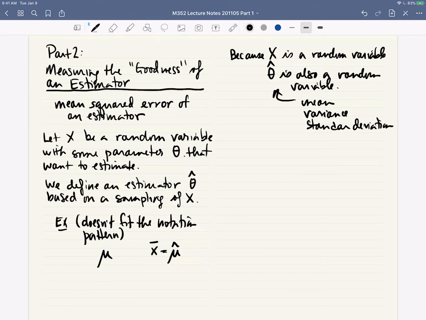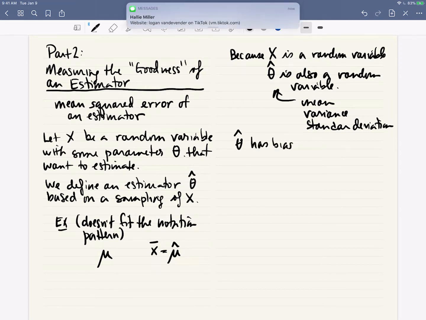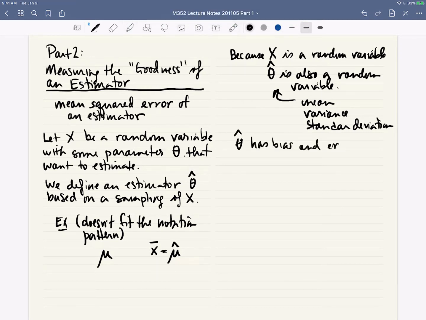So we can use that when we talk about an estimator. But also, because our estimator is a random variable, it has bias and error. And I mean bias in the sense that we've talked about it before, right? Bias is the mean minus the actual parameter that we're trying to estimate, and the error is the standard deviation of the random variable.